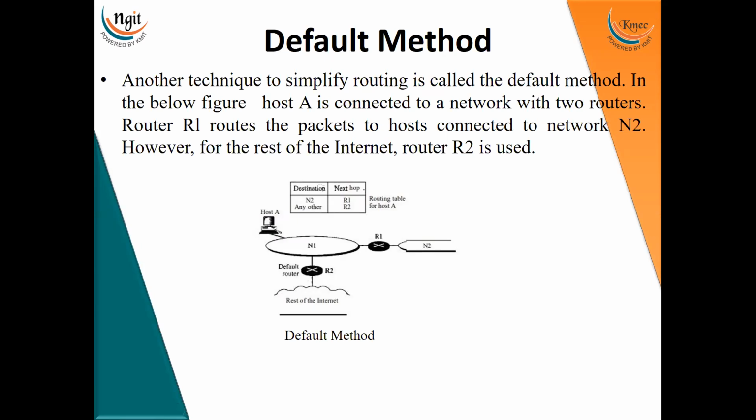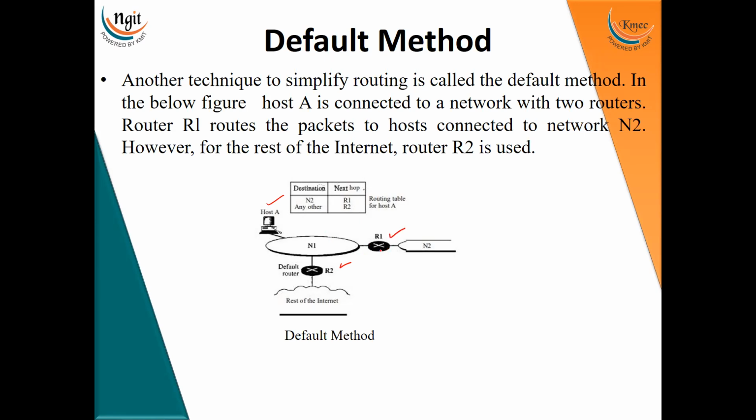Another technique to simplify the routing is called the default method. In the below figure, host A is connected to a network with two routers.